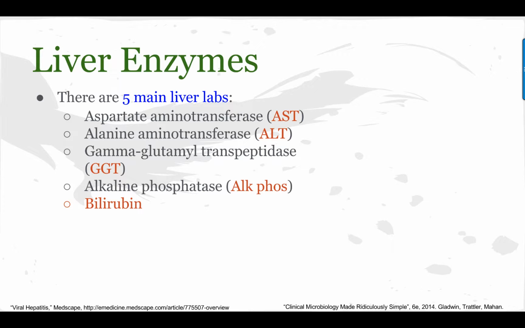We see alkaline phosphatase elevated in liver disease, particularly in the biliary tract again. So GGT and alkaline phosphatase are pretty specific to the biliary tree. And then bilirubin, of course, is a metabolite that the liver has to process and then puts into the bile.